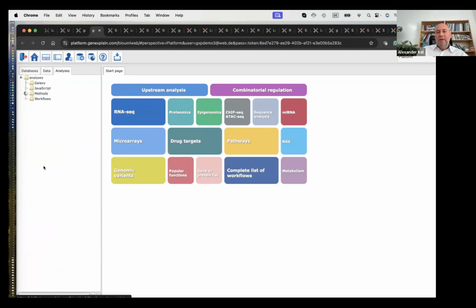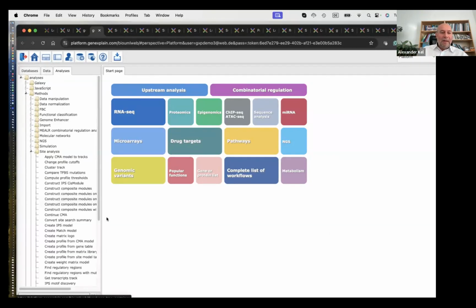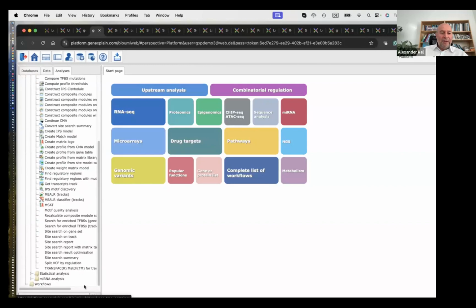Let me see if it's responding now. I guess you're probably working in parallel, you started working with this tool as well, so that's why it's getting a little bit slow. You see here we have these site analysis tools. And here we have a very simple tool called site search on gene set.